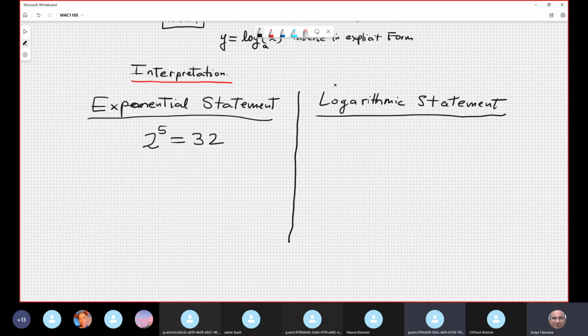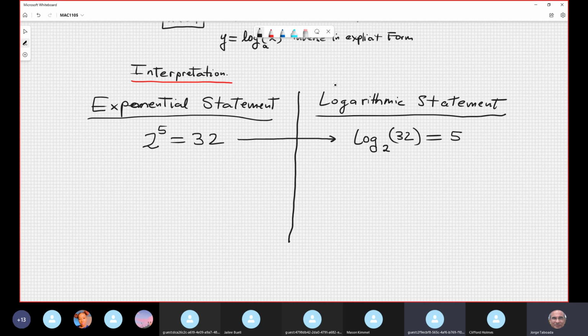Easy, I understand. However, when you change this to the logarithmic statement, you put the magic word log, you specify the base, 2, using a small number, you put something inside the parentheses, and the answer is the exponent, 5, and 32 here.